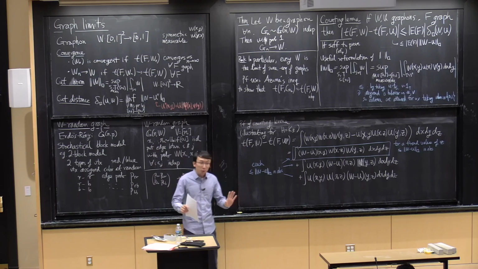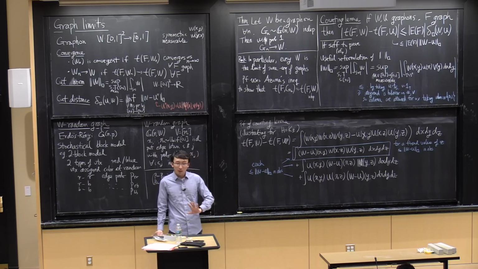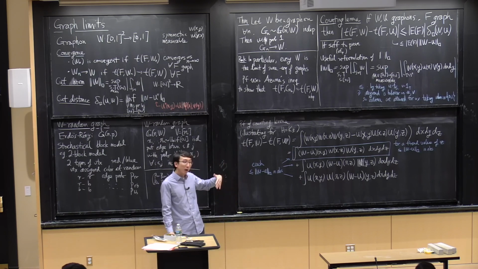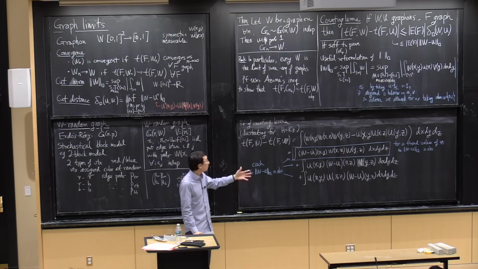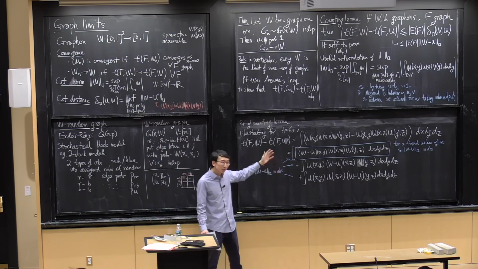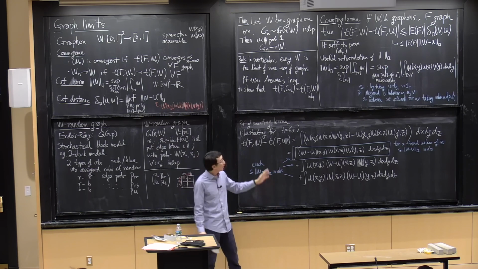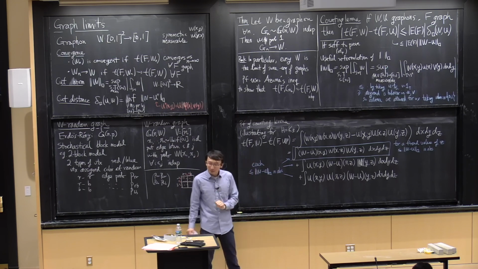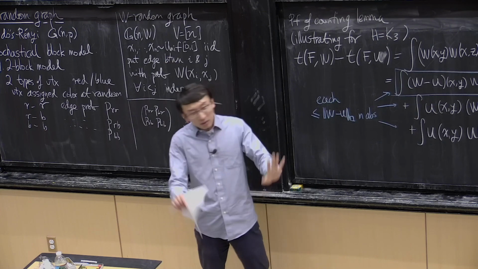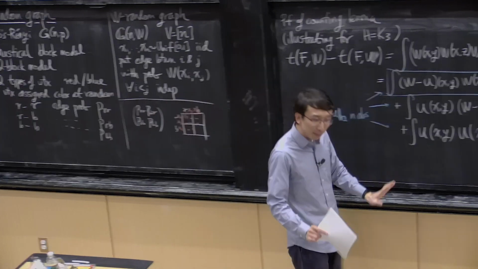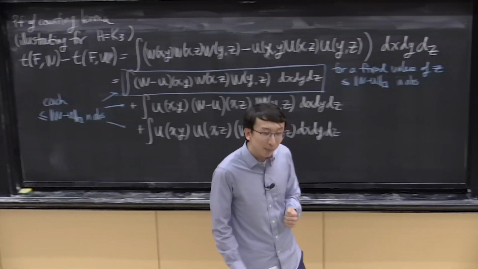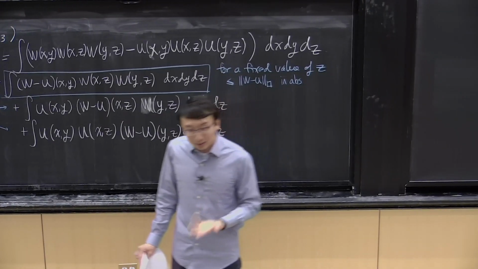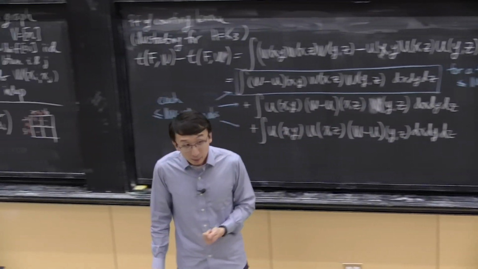And that finishes the proof of the counting lemma. For triangles, of course; if you have general H, then you just have more terms, a longer telescoping sum, and you have this bound. So this is the counting lemma, and I claim it's exactly the same proof as the second proof of the counting lemma that we did when we discussed Szemerédi's regularity lemma and its counting lemma.